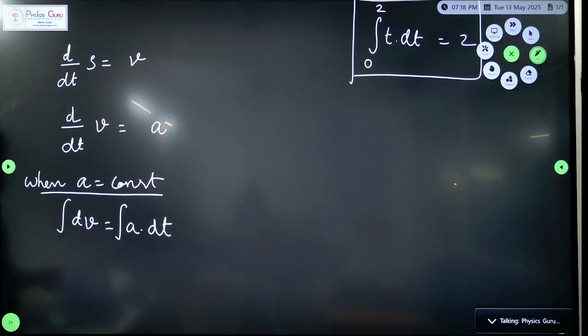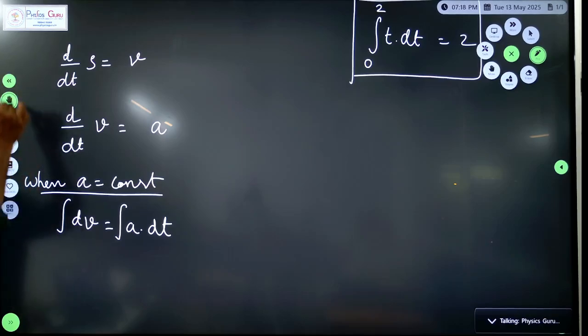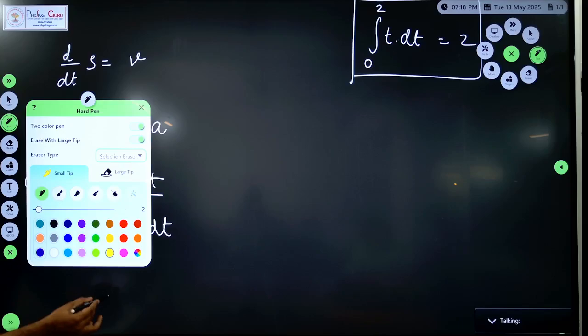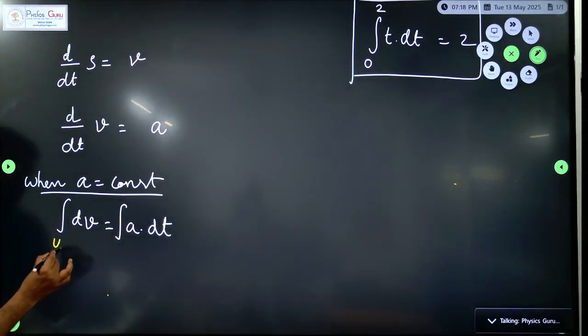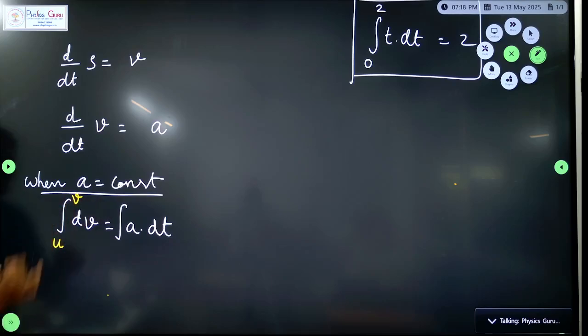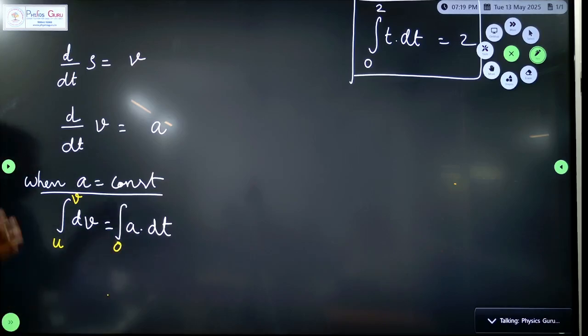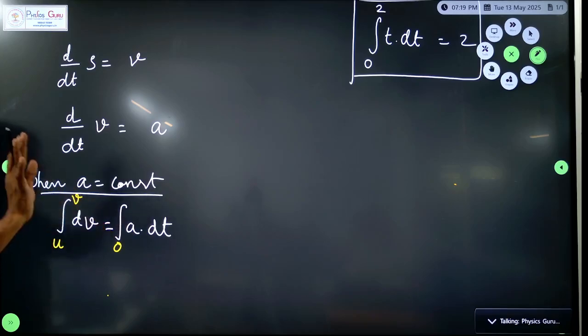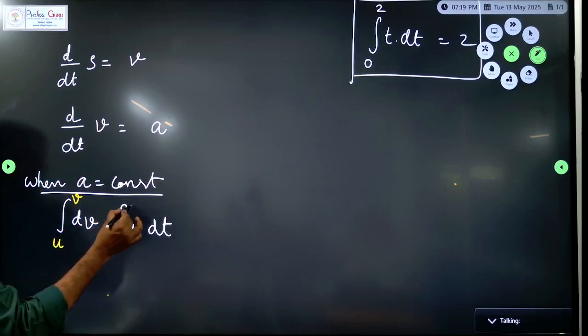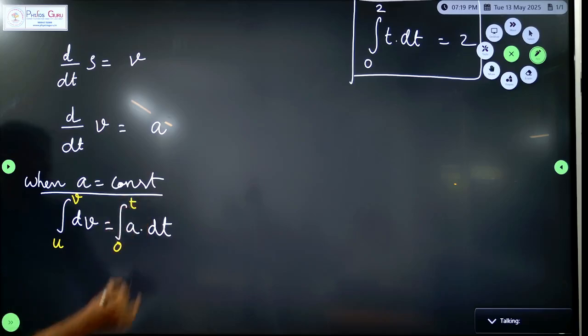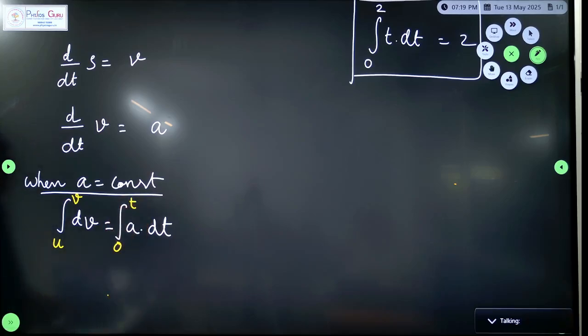Velocity is changing. You know very well, velocity can vary from where to where? From initial velocity u to final velocity v. Correct? And the time can vary from initial time, because when I start to observe, that is 0, to maximum time t. Correct?